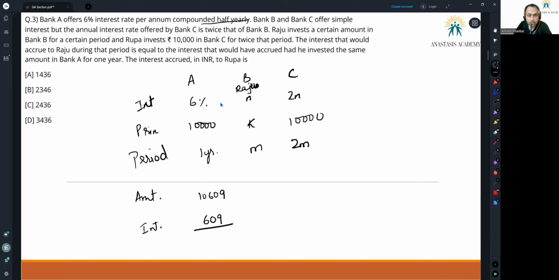Okay. So same amount is being invested in bank B also. This is also 10K then. Essentially, this has rendered the principal comparison between these to be nonsense, but okay. N into 10,000 into M by 100 is equal to 609. This is what we have got. Okay.